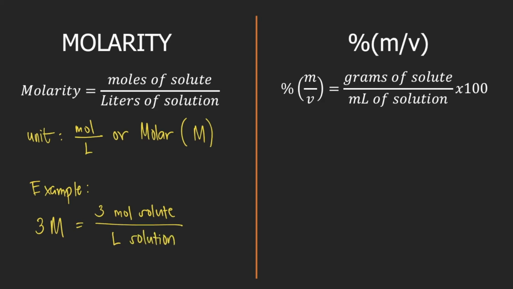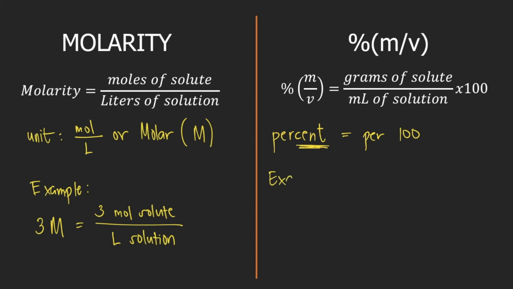Okay, let's move on to percent mass per volume. Percent mass per volume is equal to grams of solute divided by ml of solution times 100. You can think of it this way. What does percent mean? Cent means 100, so percent means per 100.